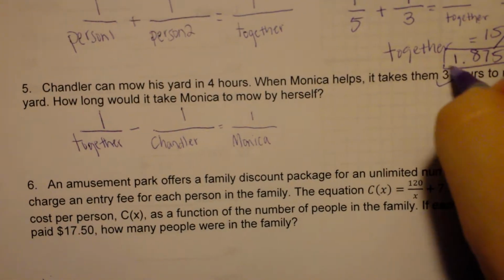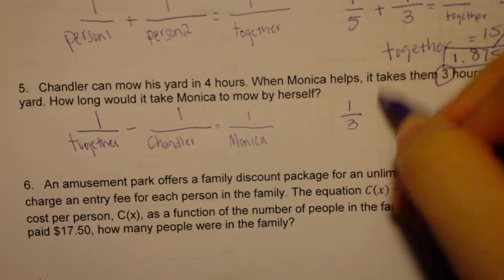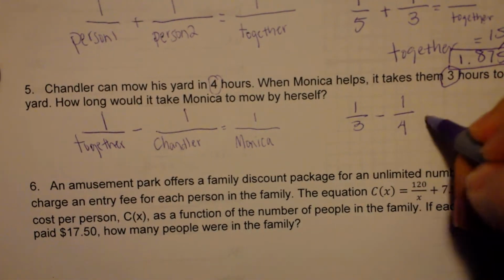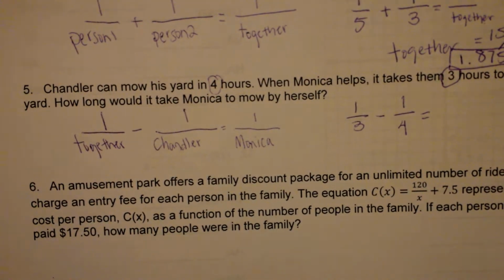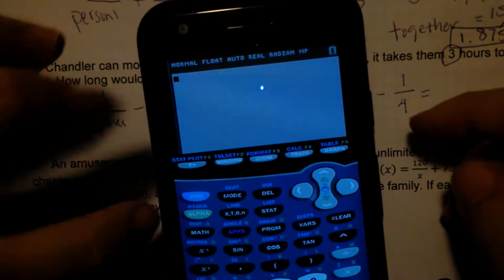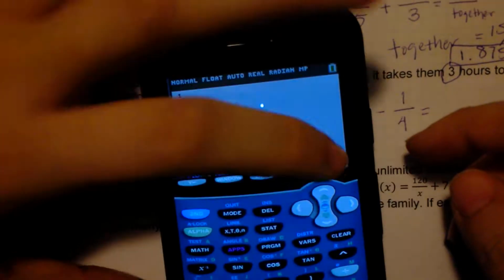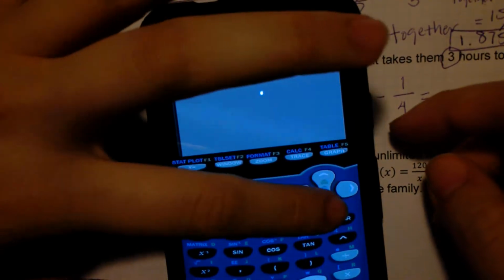And so them together is 3 hours, so 1/3 minus Chandler is 4 hours, that's 1/4. So alpha y equals, enter 1/3 minus 1/4.